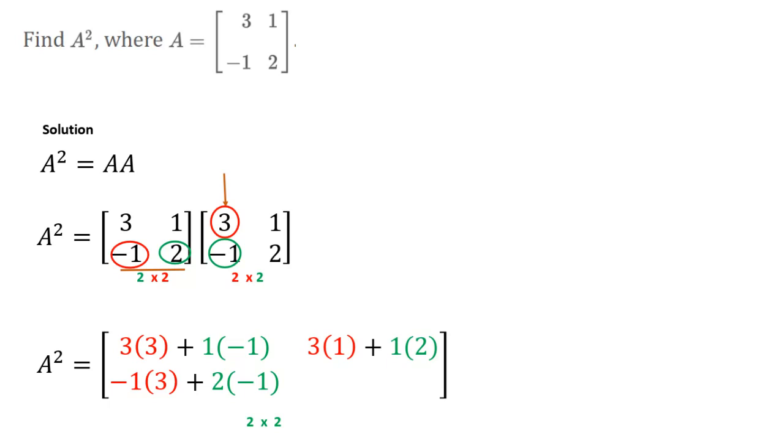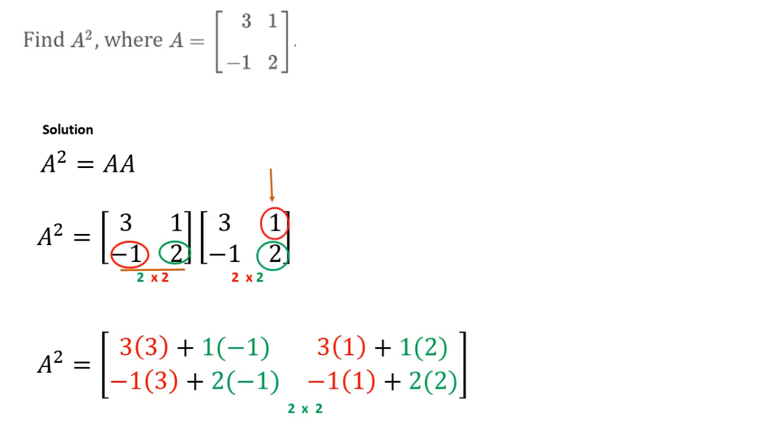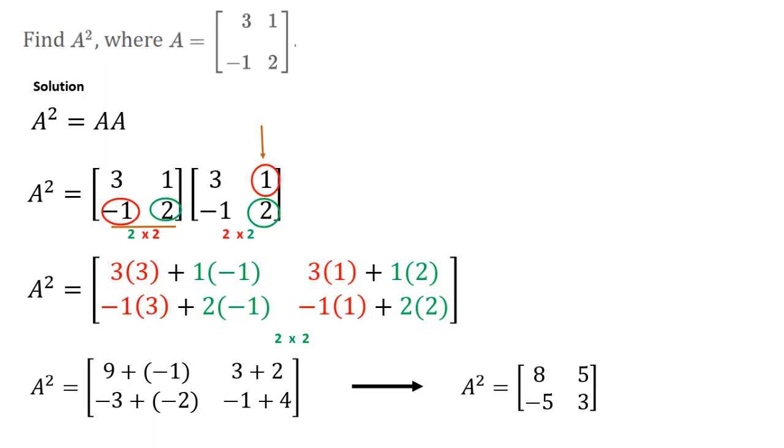Row 2, column 1, negative 1 times 3 goes here, 2 times a negative 1. Then the last one, row 2, column 2, negative 1 times 1, 2 times 2. When I add these, I get 8, 5, negative 5, 3. Again, please don't let this throw you off. A squared means we're just multiplying the same matrix with itself.